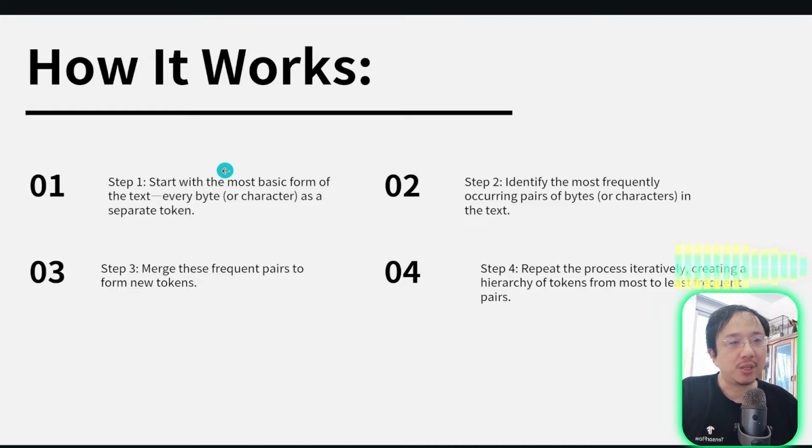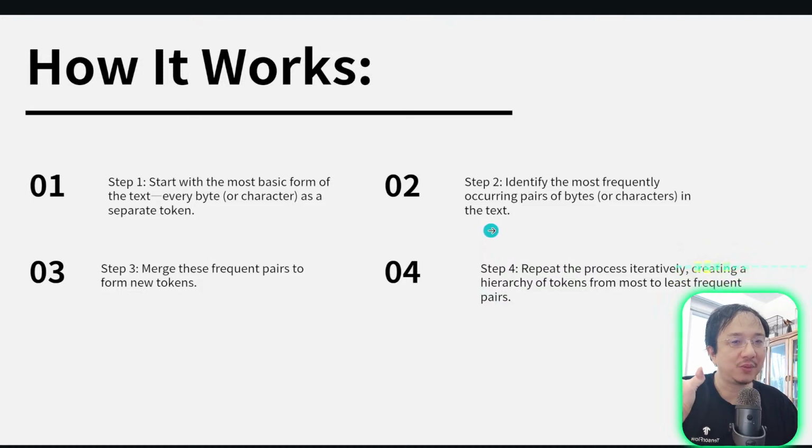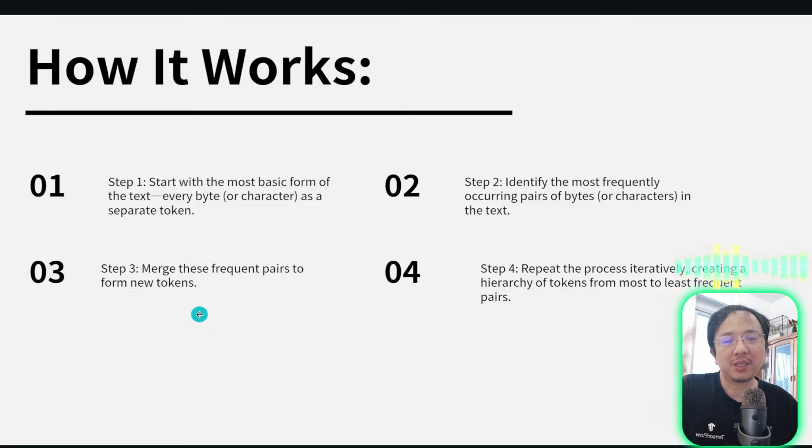We begin with a small dictionary and we'll increase its size. The second step: we identify the most frequently occurring pairs of bytes in the text. That's the pairs in BPE. We will show it step by step. We combine 2 bytes together to form a new token, and we put them in a dictionary, forming a new dictionary.